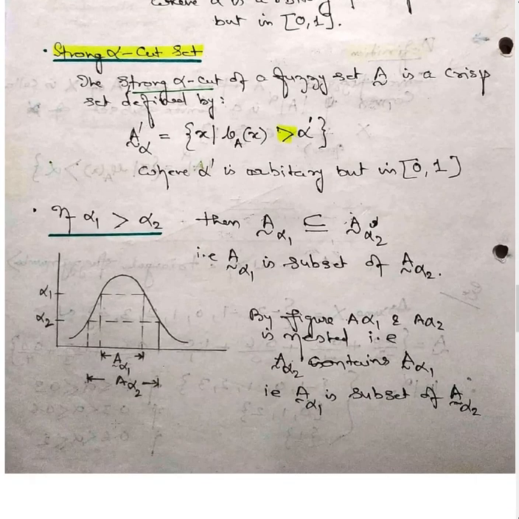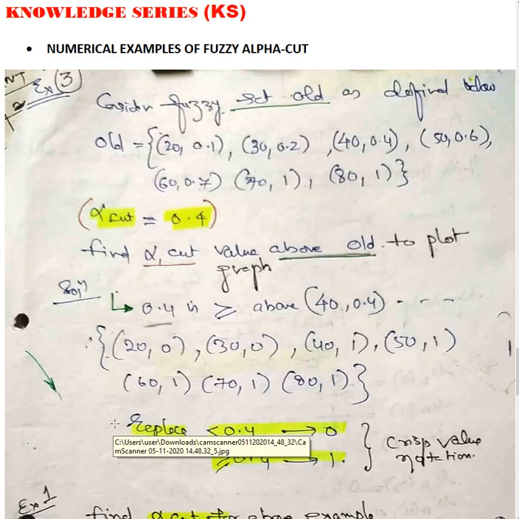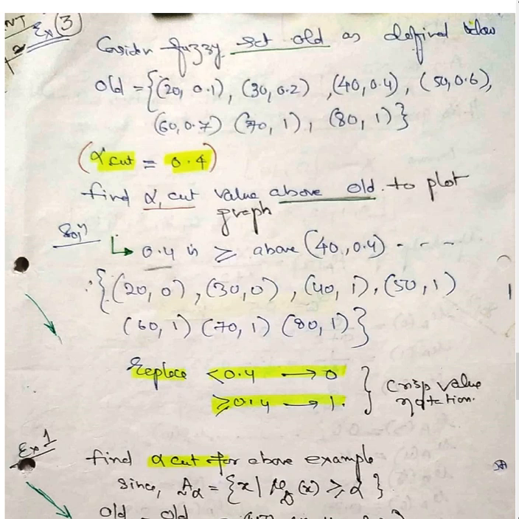Now let's see one example here. Consider a fuzzy set defined below with respect to age: 20 comma 0.1. What is 20 here? The x value, and 0.1 is the membership value mu of x.